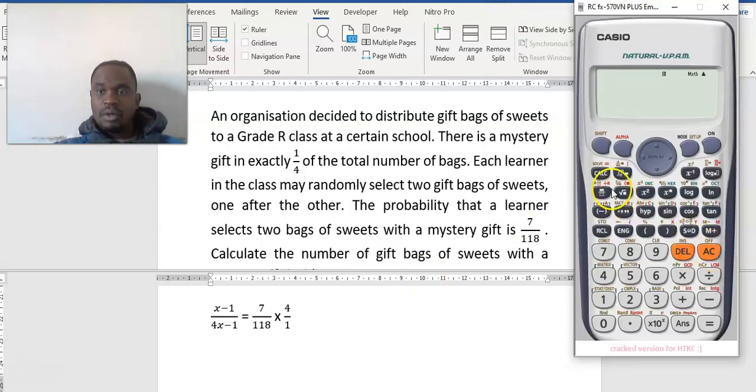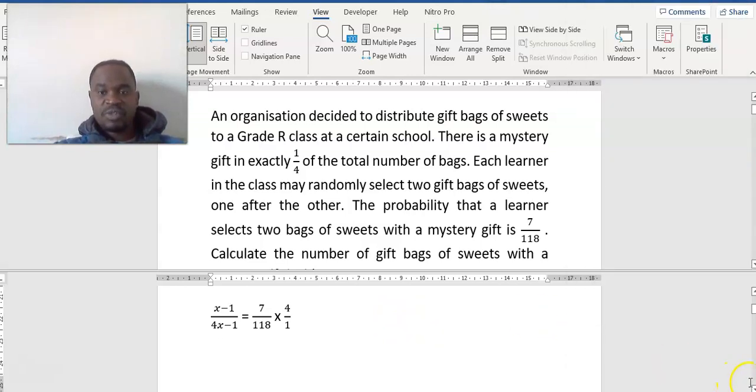So here I'm going to have 7 over 118 times 4 over 1. 4 over 1 is the same as 4, which is going to give us 14 over 59.